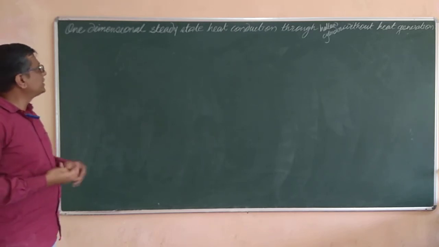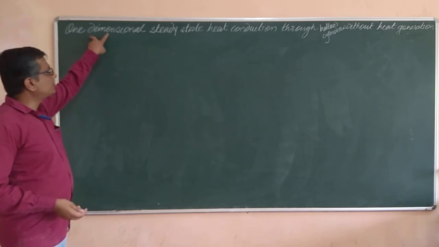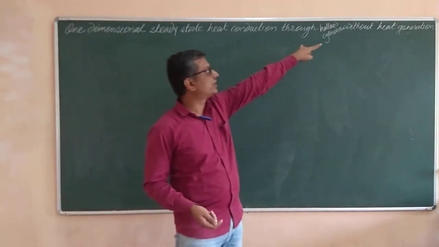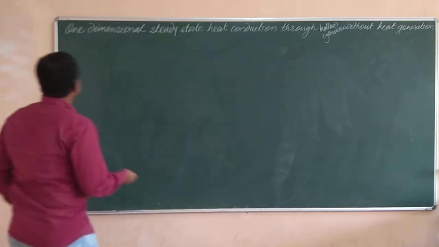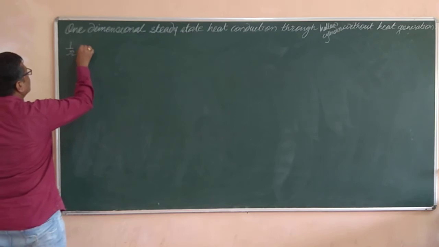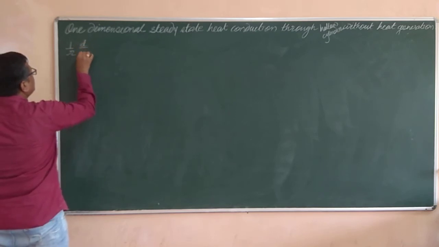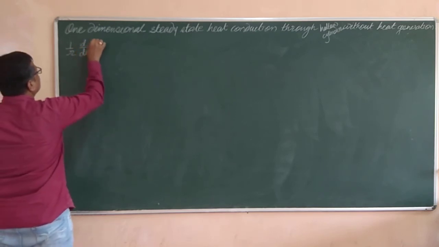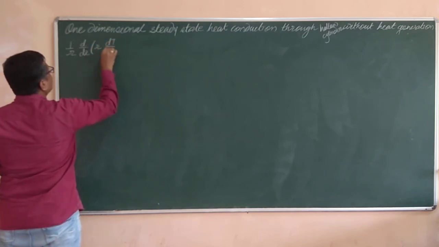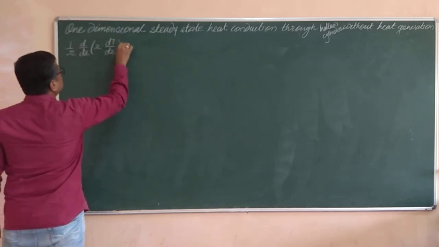And if I bring this to one dimensional, then steady state and without heat generation, the equation will reduce to another form, that is 1 by r into d by dr of the bracket, r into dT by dr, and this is equal to 0.